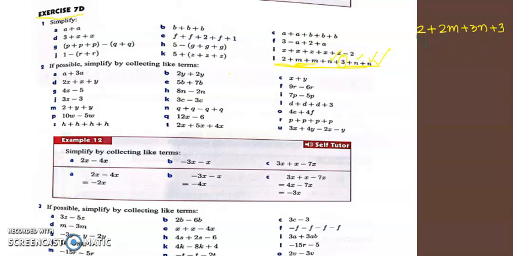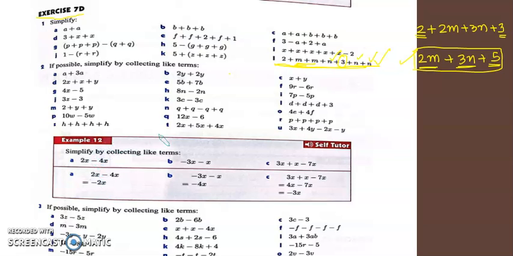Because 2 and 3 are like terms, they are constant terms, you will write 2m plus 3n plus 5. That will be your final answer. If you notice carefully, all of them are unlike terms, so we cannot add them further. So that is going to be your answer.